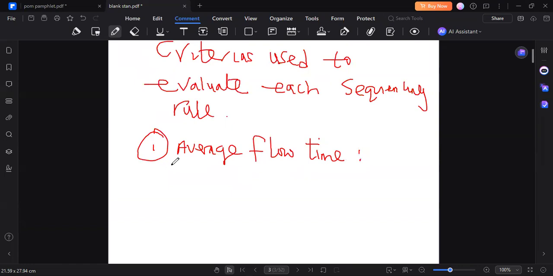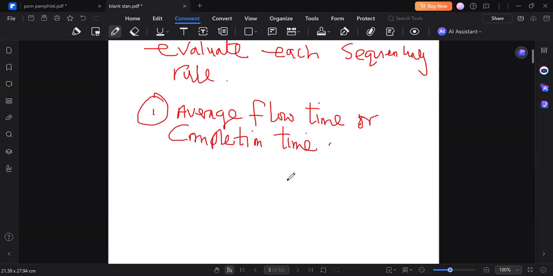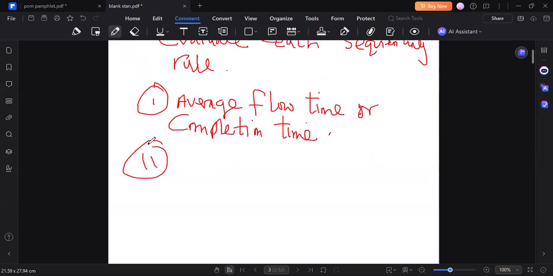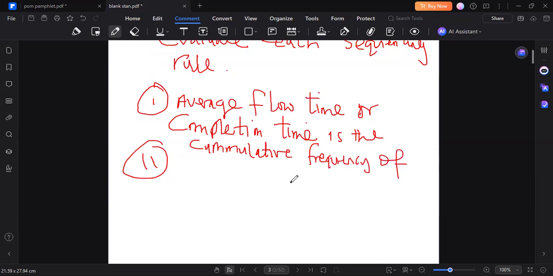Flow time, or completion time. Now this flow time is the cumulative frequency of processing time.